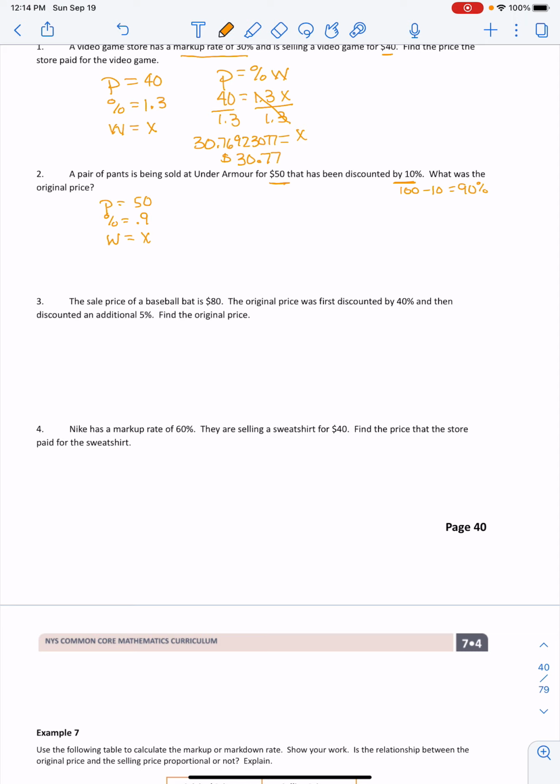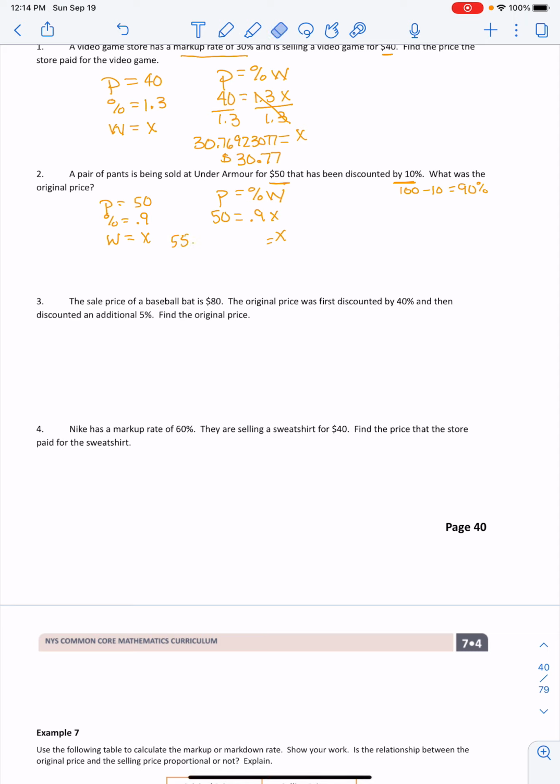So we have P, percent, and W. We have 50 equals 0.9 times W, sorry, let me change that to an X. And when I divide that, I get X equals 55.5.